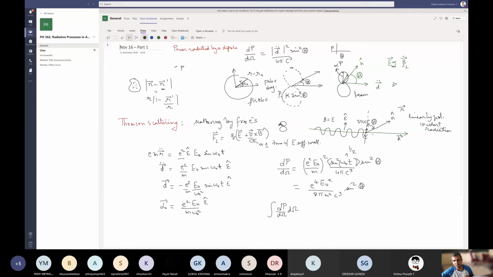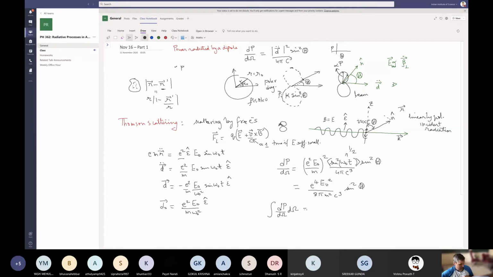Basically, this n hat is sort of like a z-axis, and you're symmetric with respect to this direction. That's like a phi.